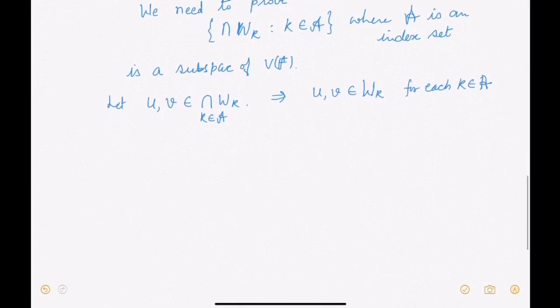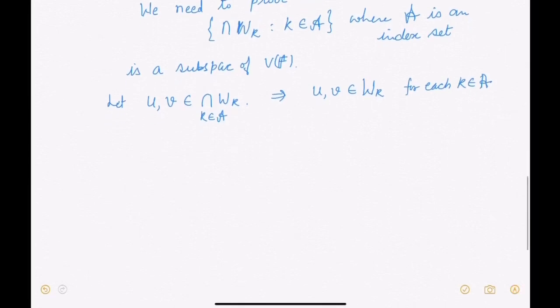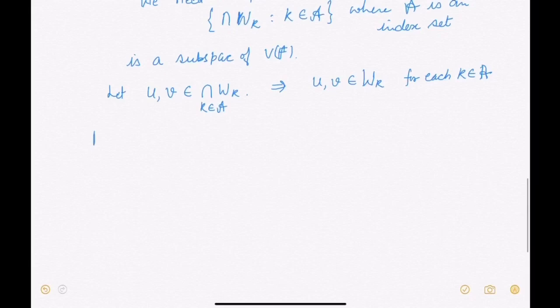That means for every k, u and v belong to W1, u and v belong to W2 and so on. So this we have written in a single line: u, v belong to Wk for each k belonging to the set of indices.